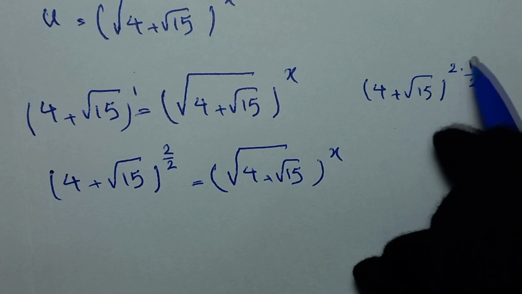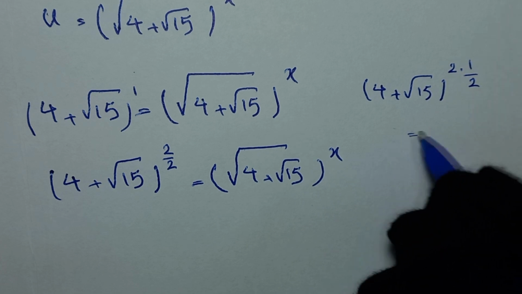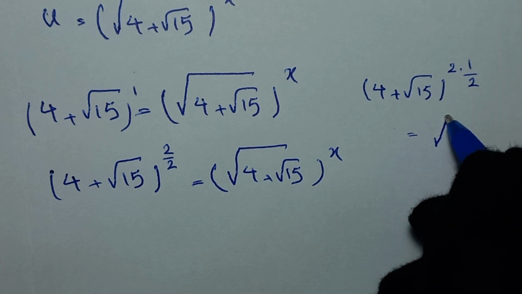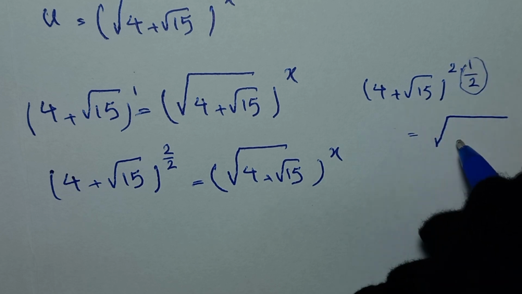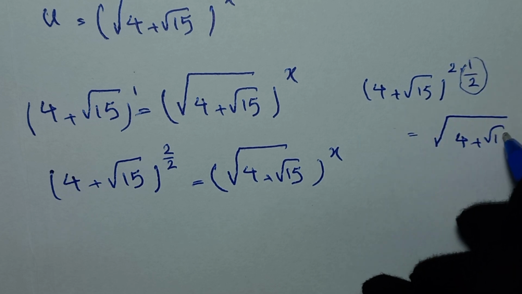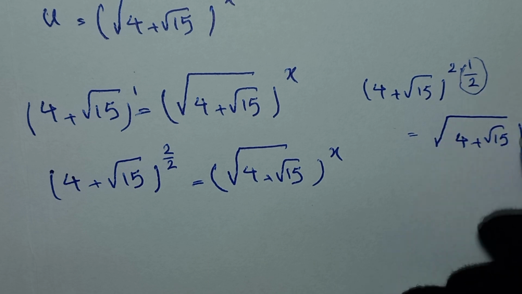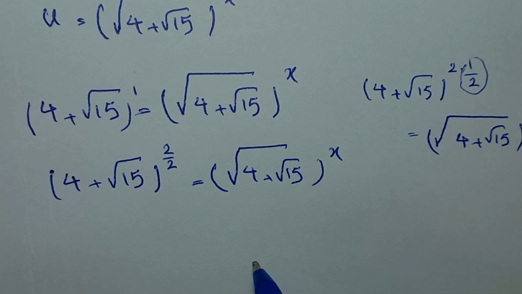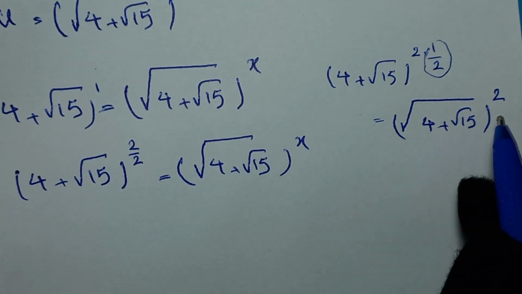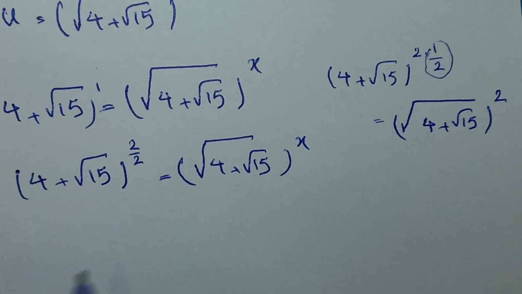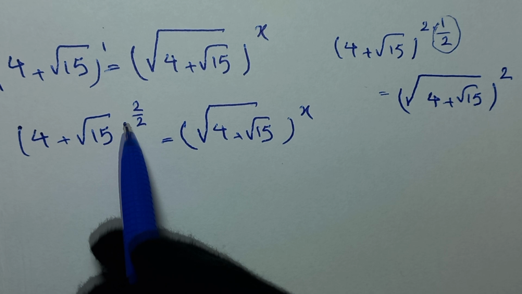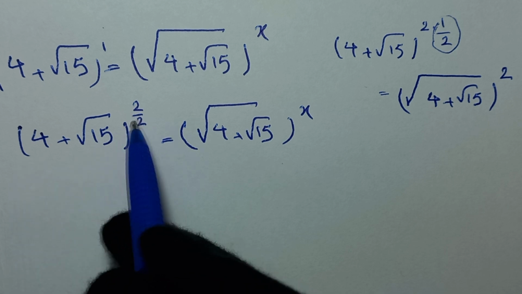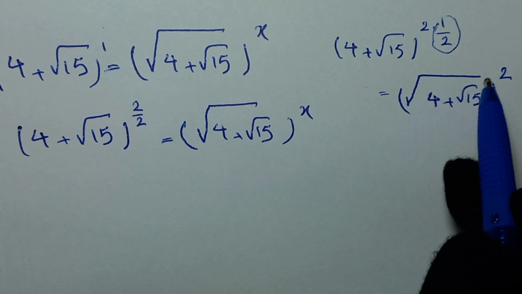And this 1 over 2 we can write as a square root, and write this 4 plus square root of 15 to the power of this 2 in here. So we can write this 4 plus square root of 15 to the power of 2 over 2 like this.